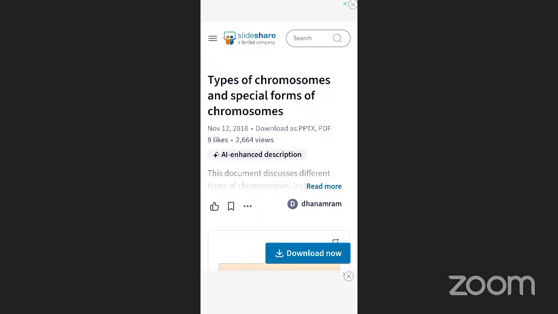Next one, loops and domains. Scaffold of the chromatin; scaffolding means the folding nature. Next one is euchromatin and heterochromatin.